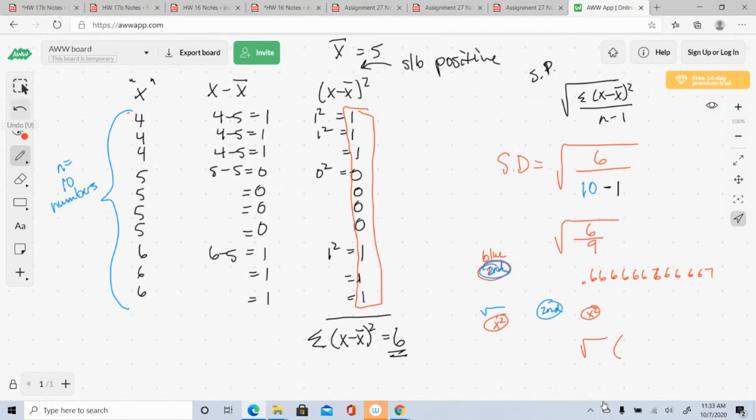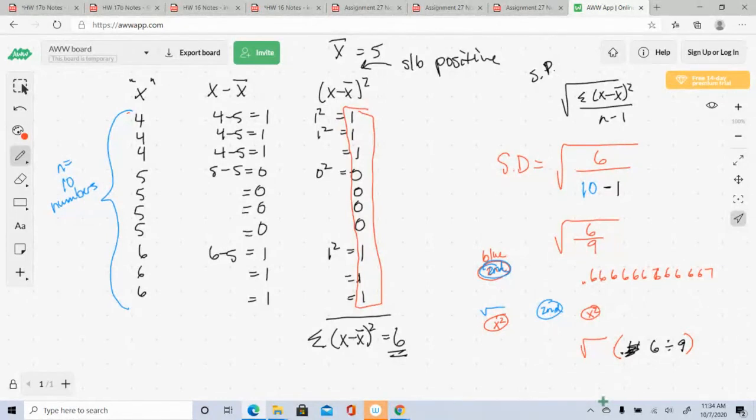And then you're going to fill in the number. You can do 6 divided by 9 and close it, and that should take the square root of that. So I have my square root open, 6 divided by 9, close the parenthesis.